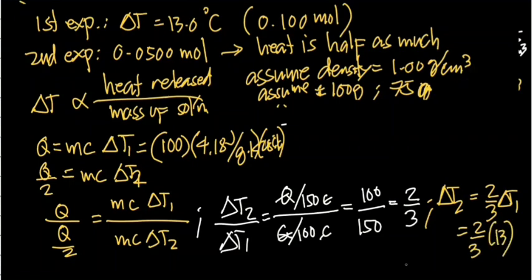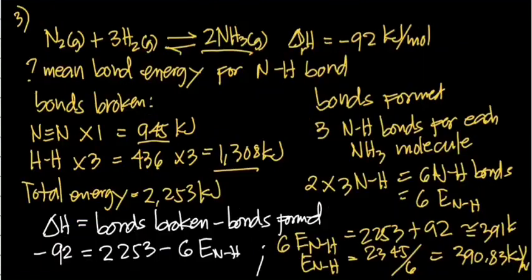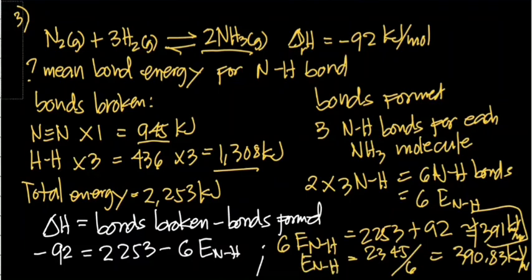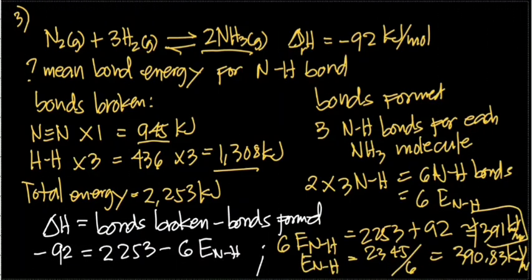So delta T2, the temperature increase of the second one, is 2 times 13 divided by 3, that is 8.67 degrees Celsius. Okay. Do you have questions on this? You understand this?